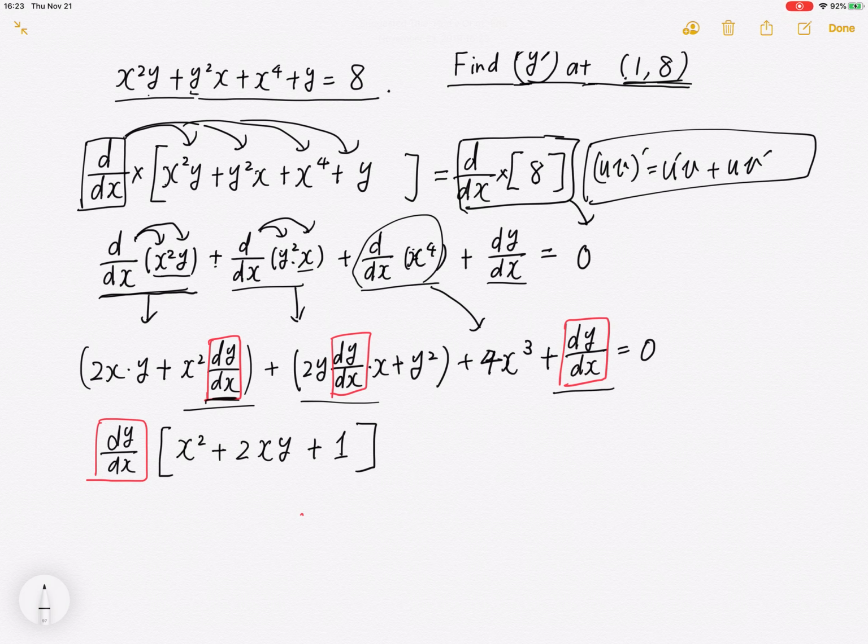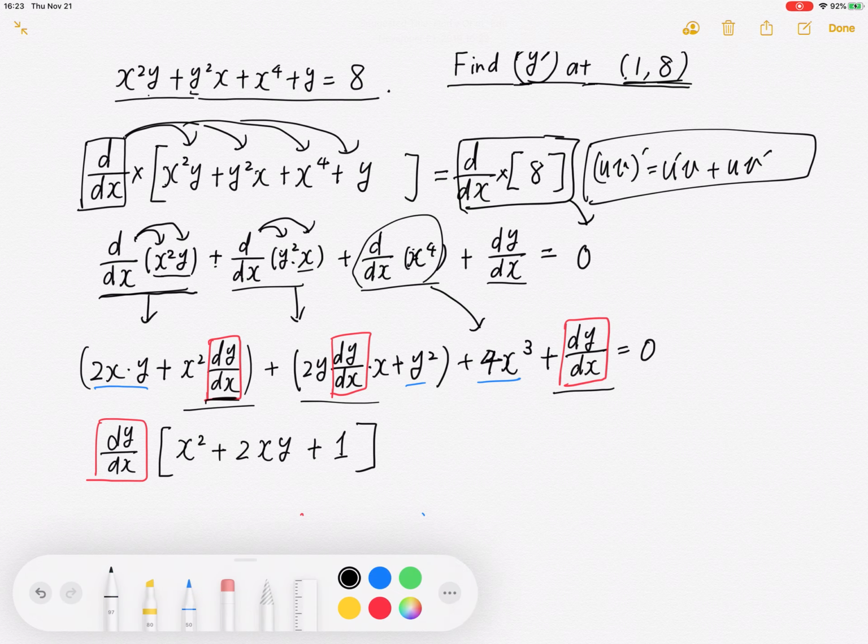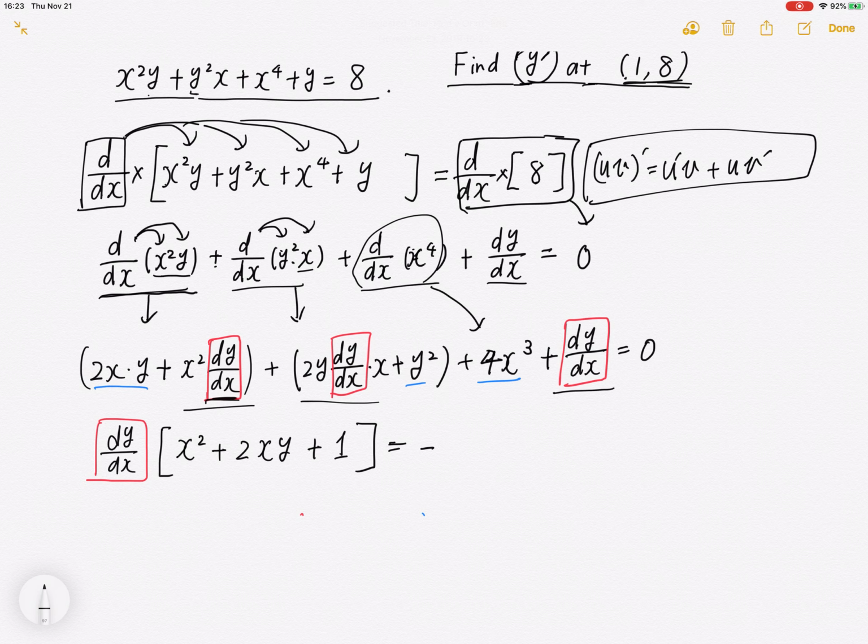And the rest of the terms, namely this one, this one, this one, don't come with the dy dx, so they should be moved to the other side. So 2xy is moved to the other side, so it turns negative 2xy. And then this guy moves to the other side as well. And the last term, the 4x cubed.